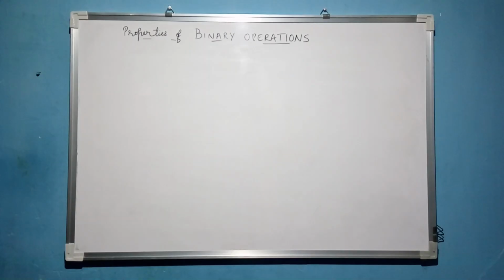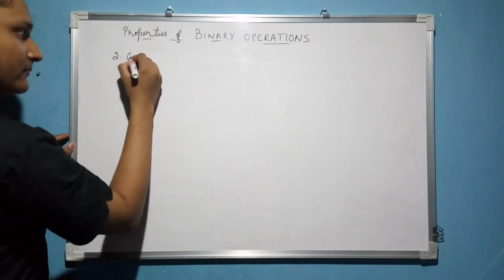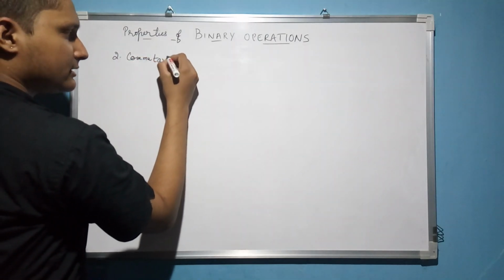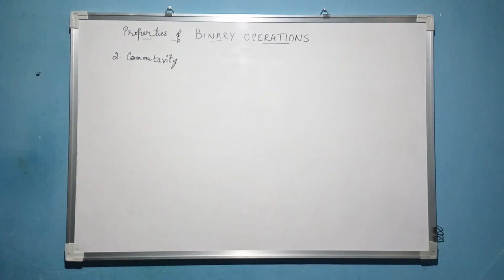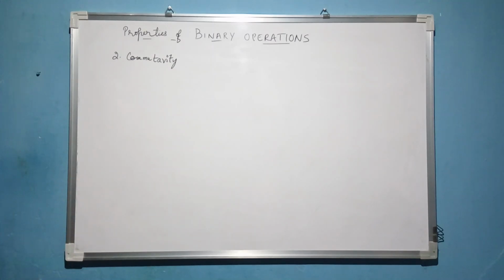The second property we have of the binary operations is commutativity. You might have heard this word in some other chapters, maybe in primary school. In 6th standard or 7th standard, you might have learned the commutative property of the addition of two numbers in natural numbers and real numbers and such things.